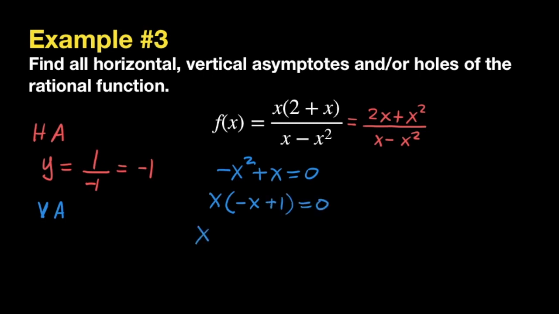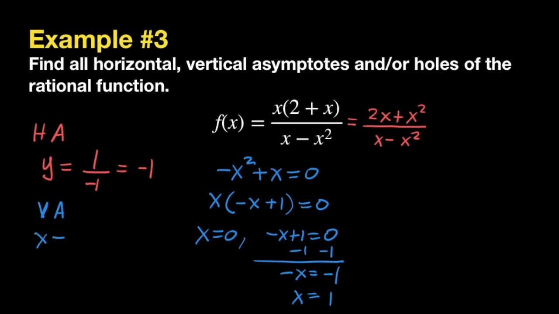So we have x is equal to 0. That's our first one. And then we have negative x plus 1 is equal to 0. So minus 1, negative x is equal to negative 1. So x is equal to 1. Okay. So your vertical asymptotes are at x equal to 0 and x is equal to 1.